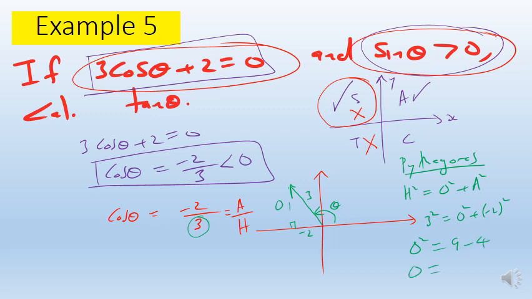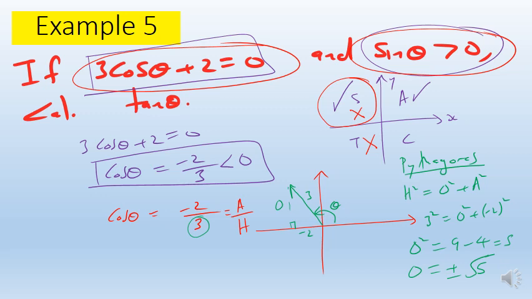So the opposite side is going to be, so 9 minus 4, watch this, and take the square root of that, is going to be plus or minus root 5. Interesting, we have two possibilities, plus or minus root 5.